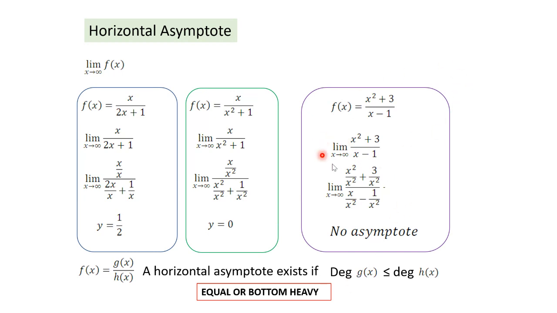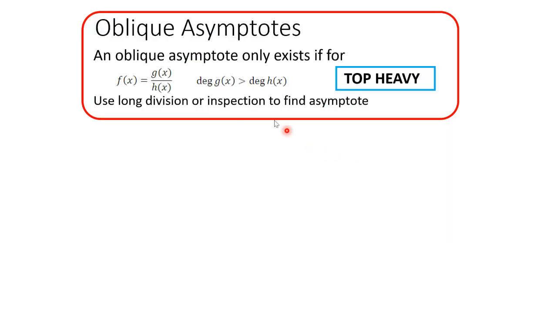So what happens if it's top heavy? Well, that's when you get an oblique asymptote. Remember that there's no way you can get an oblique asymptote and a horizontal asymptote at the same time, because the fraction has to be top heavy for the oblique, and the other scenario is a horizontal asymptote when it's either bottom heavy or equal.